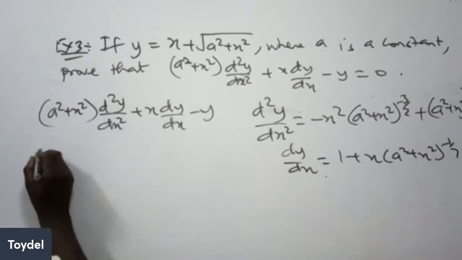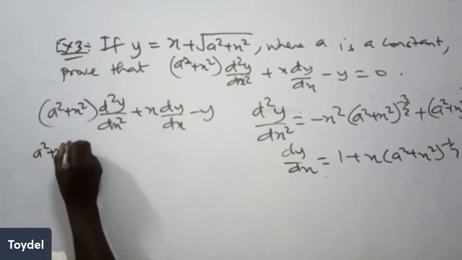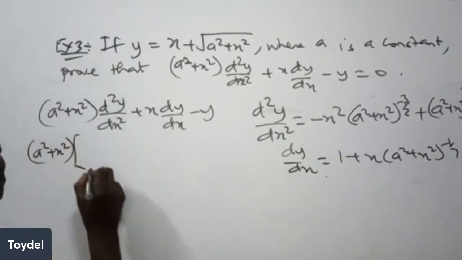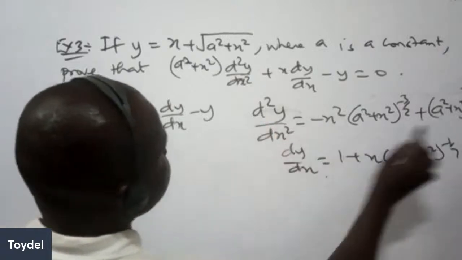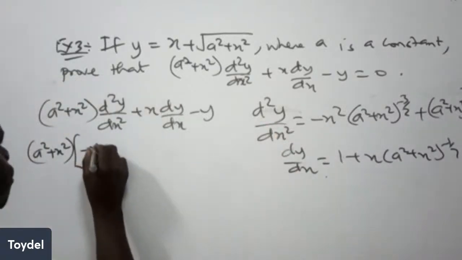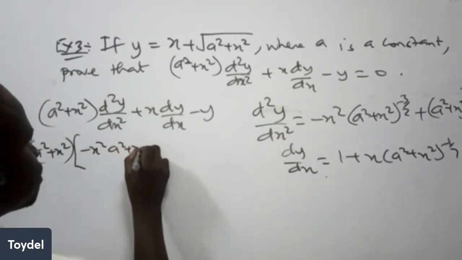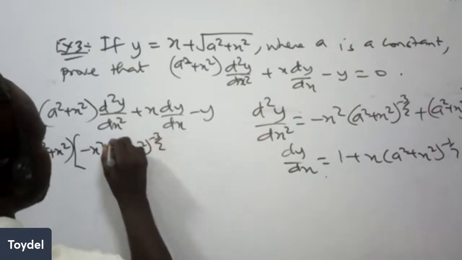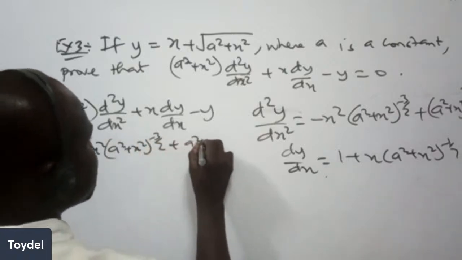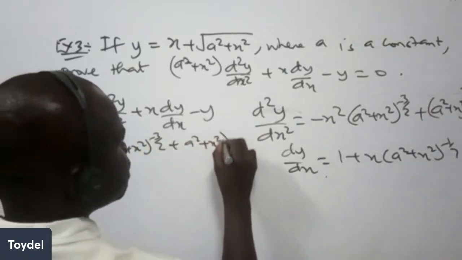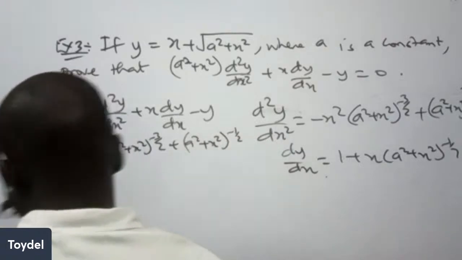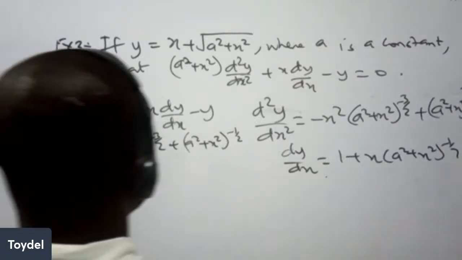So we have (a² + s²) into d²y/ds². I'm going to substitute for the value of d²y/ds², that's -s²(a² + s²)^(-3/2) + (a² + s²)^(-1/2).